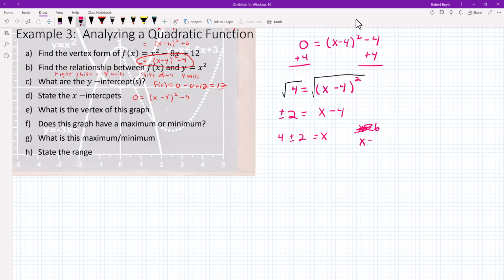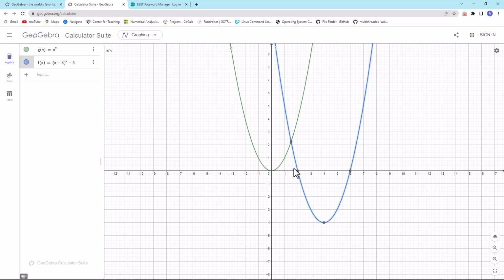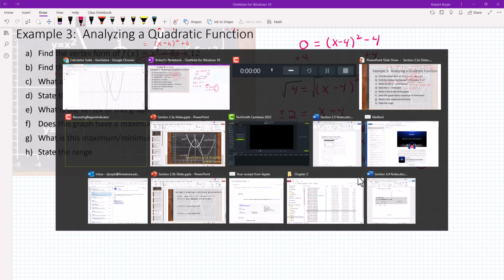So x will either be equal to 4 plus 2, which is 6, or x will be equal to 4 minus 2, which is 2. And these are the x-intercepts. That makes sense because that is where this curve crosses the x-axis, at 2 and 6.